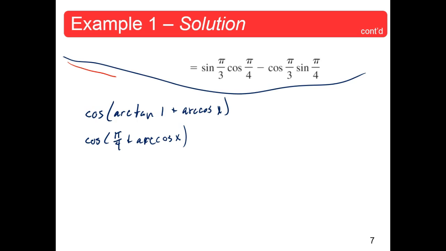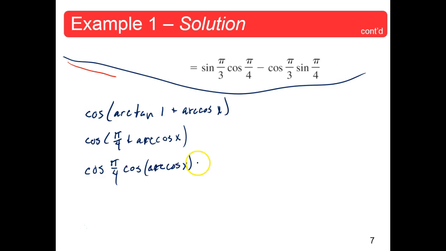The identity, you might say. What is that? Does anyone recall that one? Okay, so that would be cosine, in this case u is pi fourths, times the cosine of v, in this case the cosine of the arccosine of x.